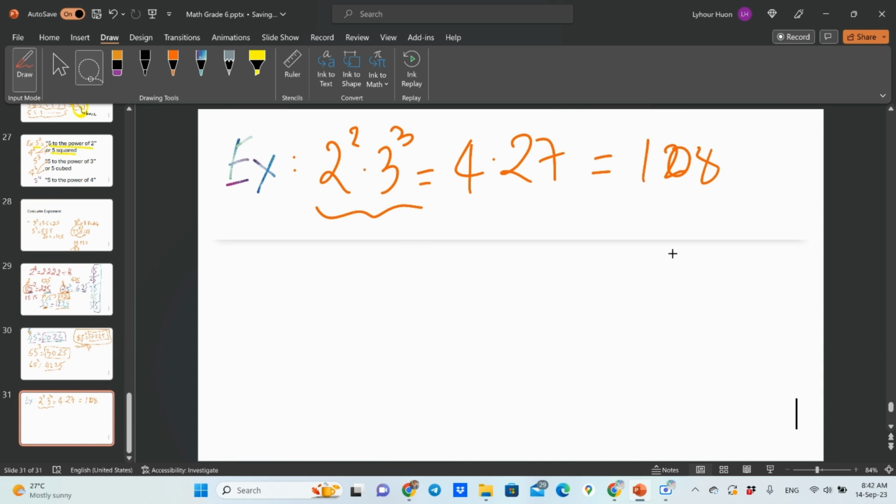This is, okay, it's very hard, so give me one more example, and we will go. 7 times 12 squared times 11 squared. What is this equal to? 7 times 12 squared.